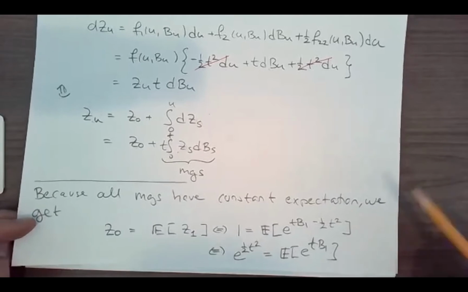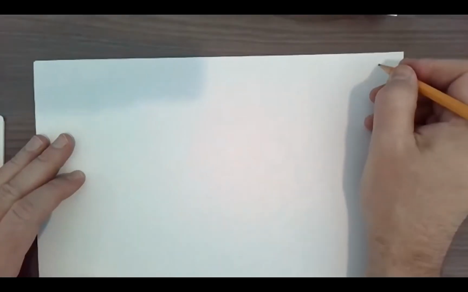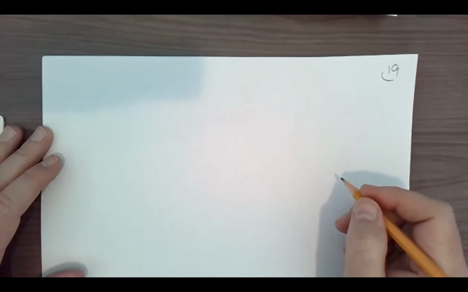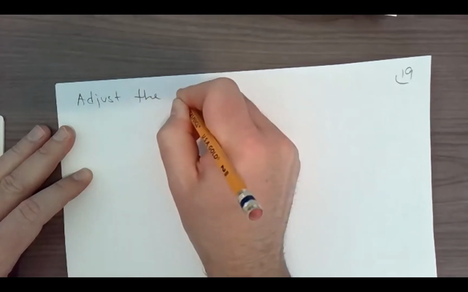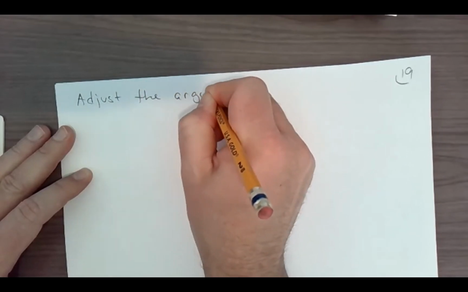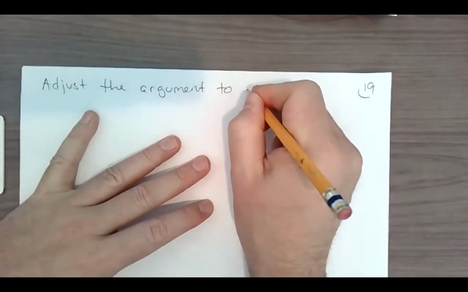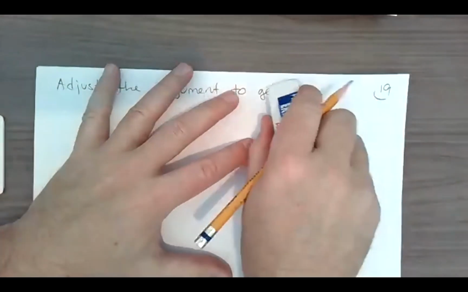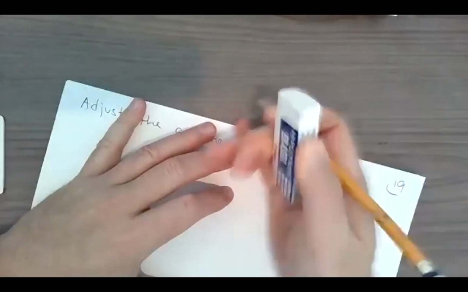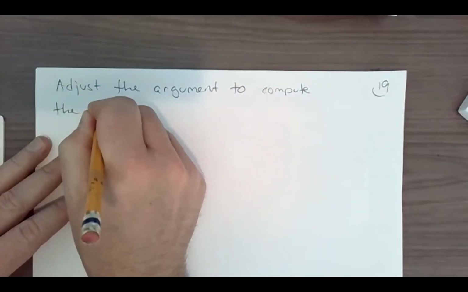So now this here gave us the moment generating function. Now we're going to try to do the same type of calculation, but we want to get the characteristic function. So we're going to adjust the argument to compute the characteristic function.